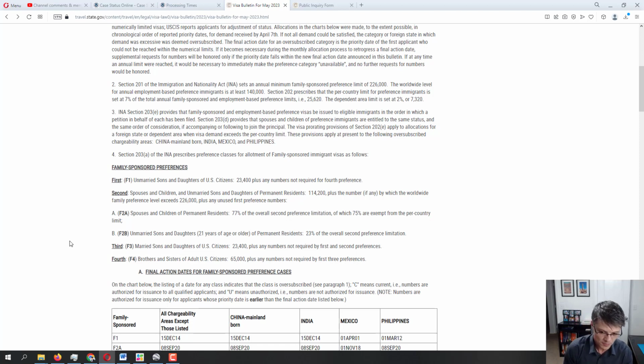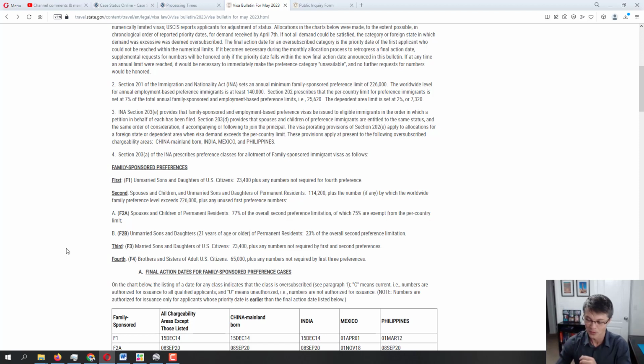There are of course some immediate relatives, I say in quotes because that's how USCIS and the Department of State, Department of Homeland Security define them. In those instances, the visa bulletin is not applicable at all, because there is no cap. There is no visa cap for those immediate relative categories.